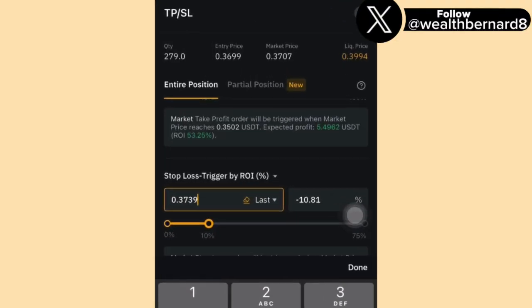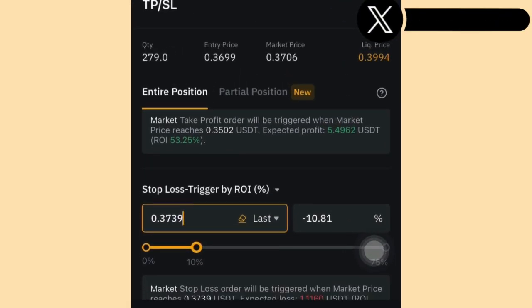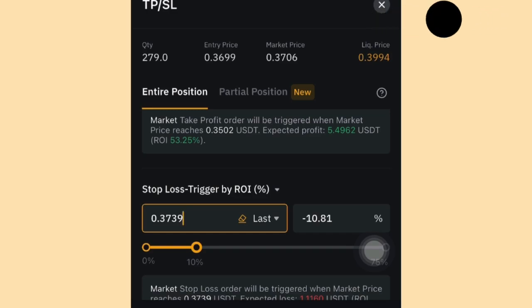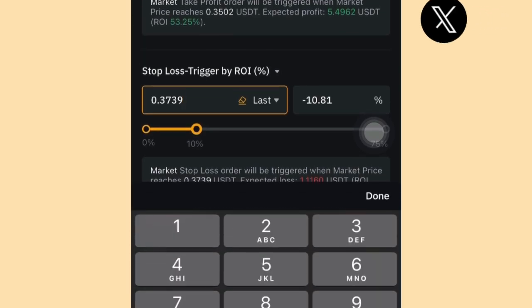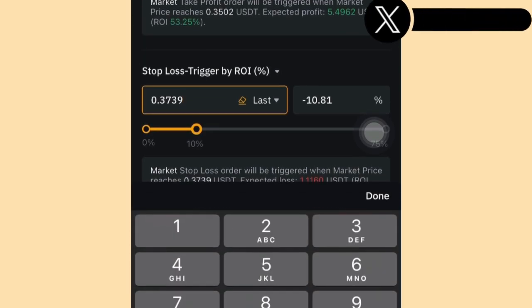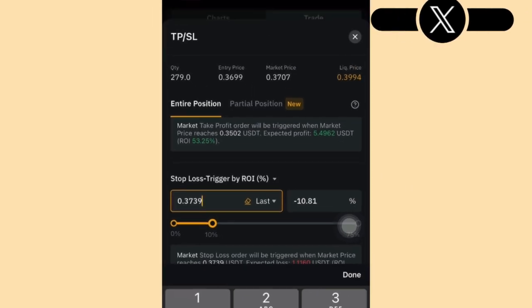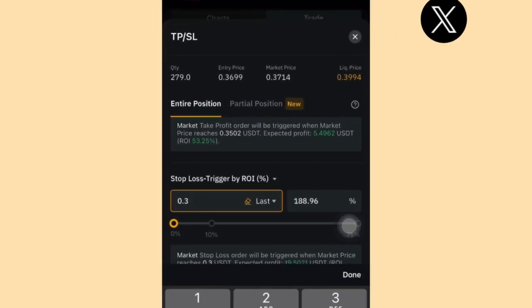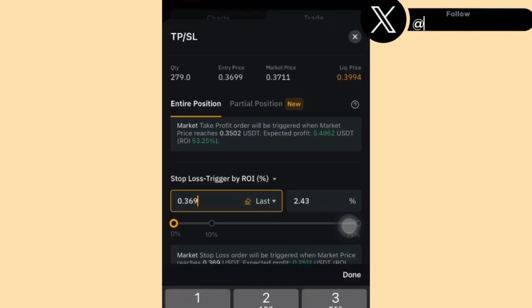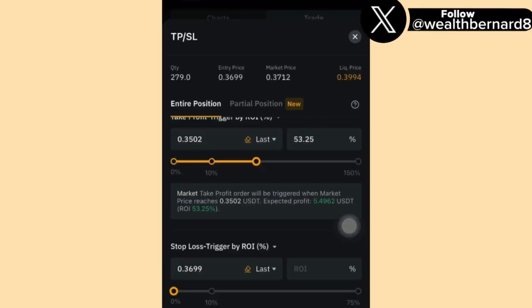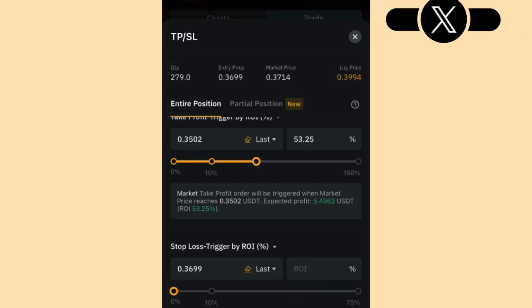We entered at 0.369, which is to say whenever this token goes against us and gets to our entry price, we're not going to be losing any money, rather we're going to be left with just our capital. So you make it 0.3699, and you're going to see it shows 0, which is we're not going to be losing any money if this goes down against us.